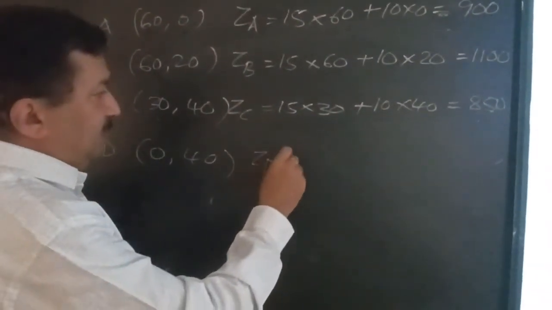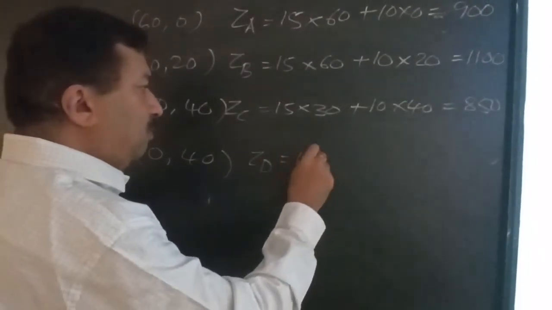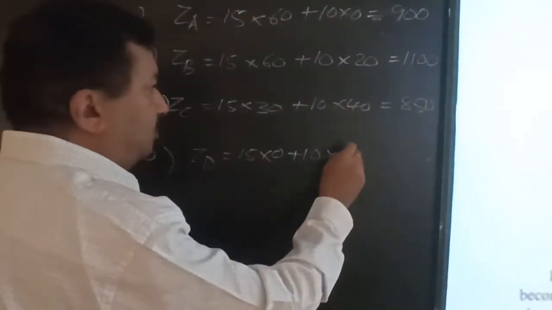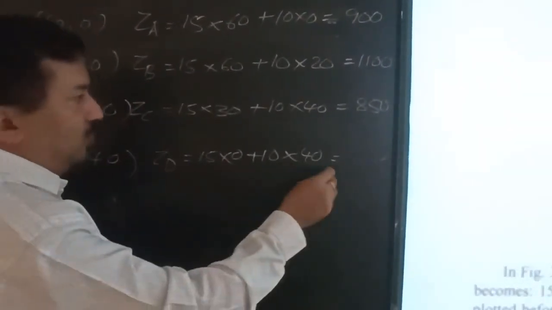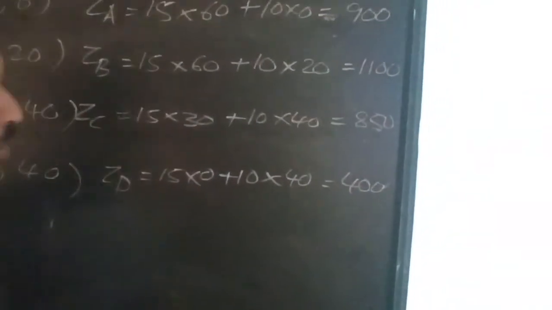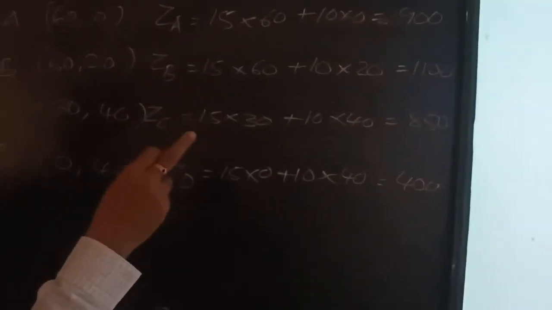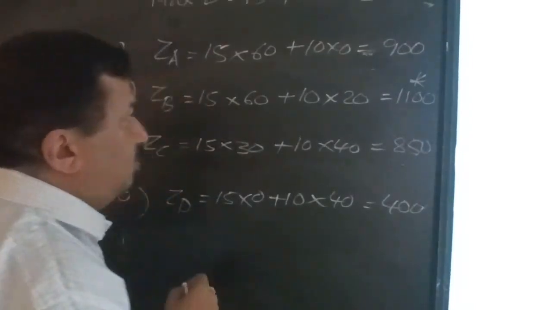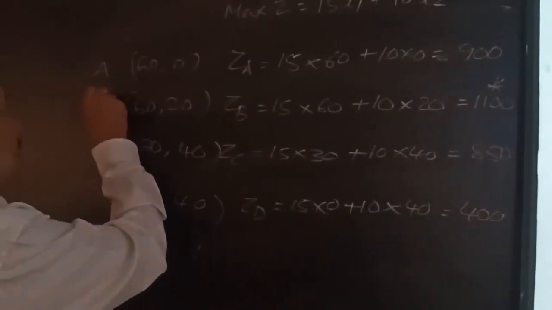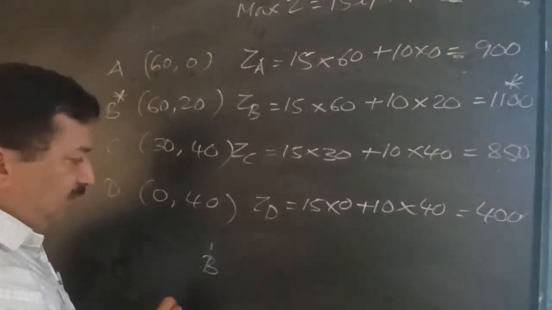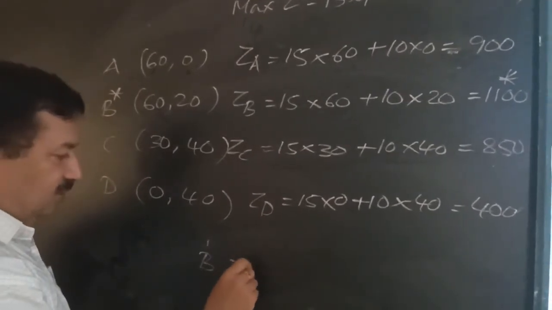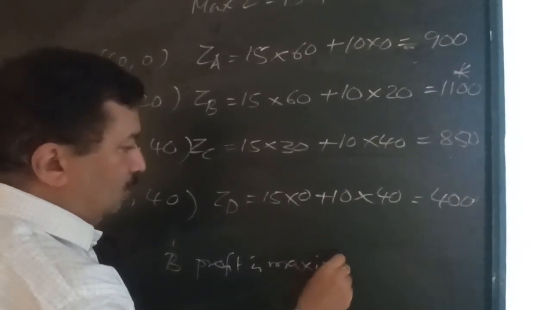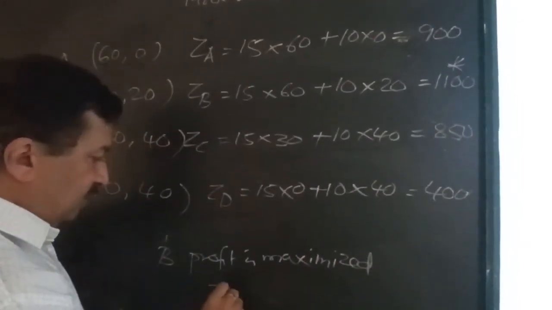Let us look at D. 15 into 0 plus 10 into x2, which is 40. 0 plus 400, 400. So out of these, 900, 1100, 850 and 400, the profit is maximized at point B. What is Z max?